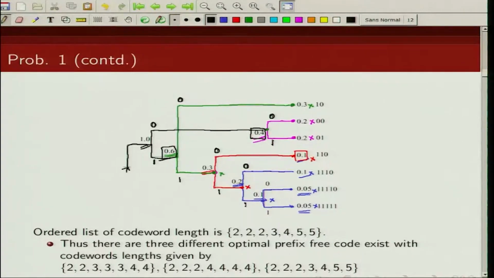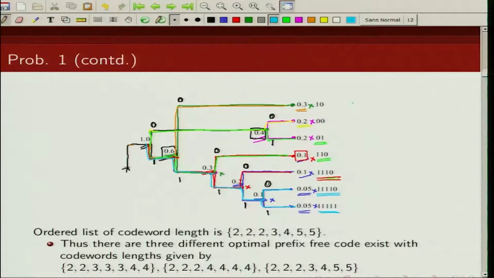Now you can see the code word for this is 10. The code word for this particular symbol is 00. The code word for this is 01. The code word for this is 110. The code word for this is 1110. The code word for this is 11110. And finally this one is 11111.